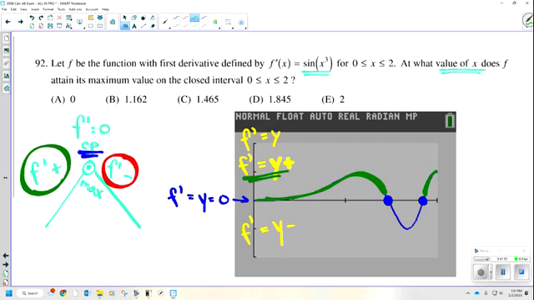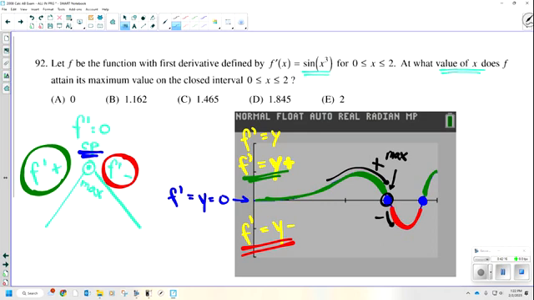Let's not forget that. Anytime I'm below the x-axis, my first derivative or y value is negative. So again, as I go left to right, I want to go positive to negative. As I'm going this way, I'm positive, positive, positive. I hit my 0, and then I go negative. Right there is a maximum point. Positive to negative.